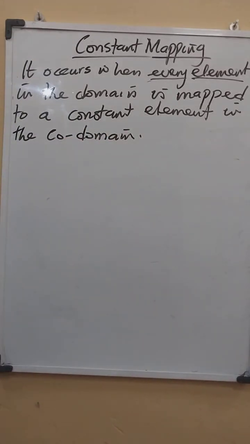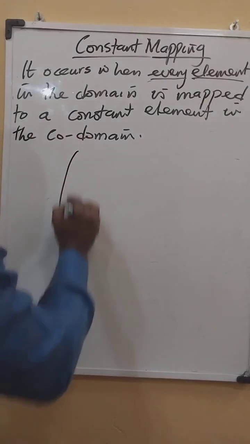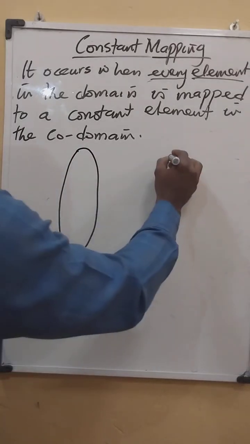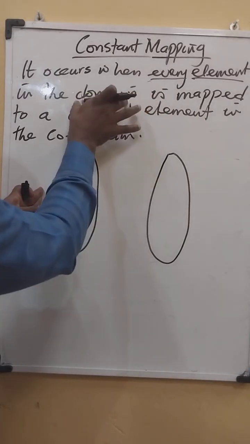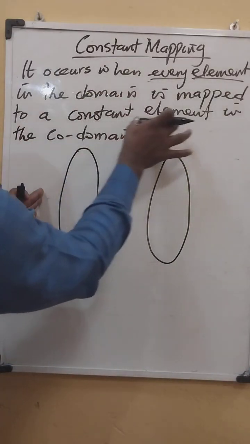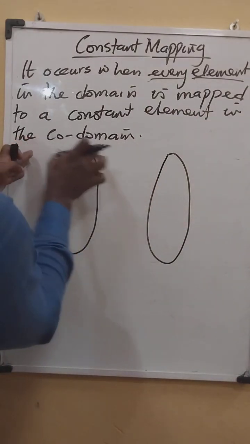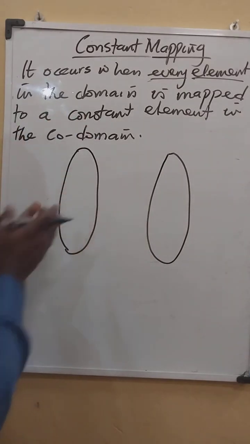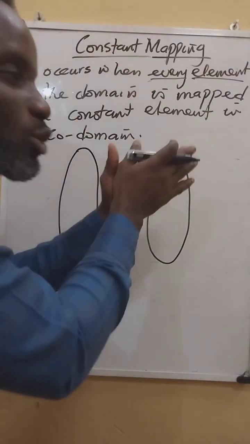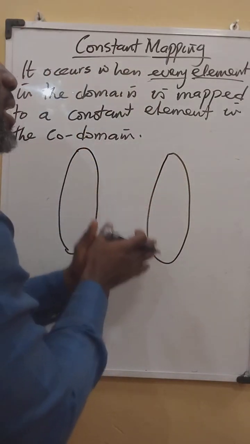That is when we have what we call constant mapping. Constant mapping happens when all the elements in the domain, so this is the domain, this is the codomain, will be mapped to a particular element in the codomain. All the elements in the domain will just go and map a particular element in the codomain.